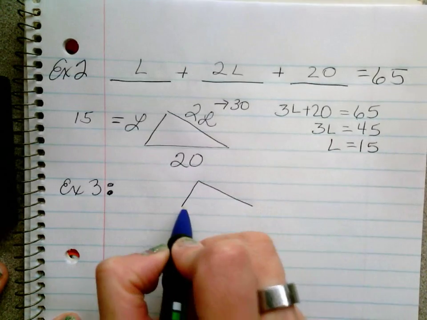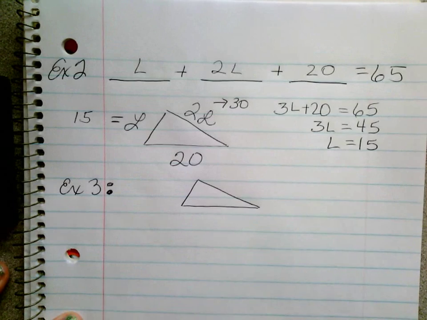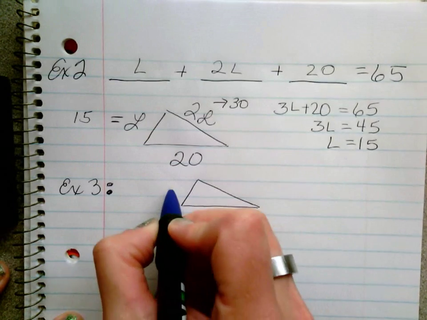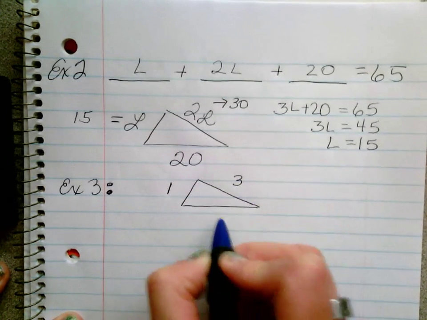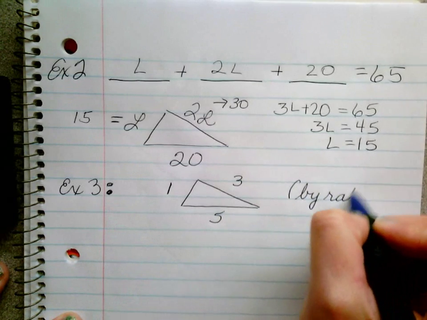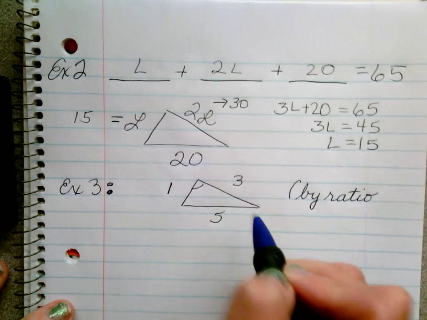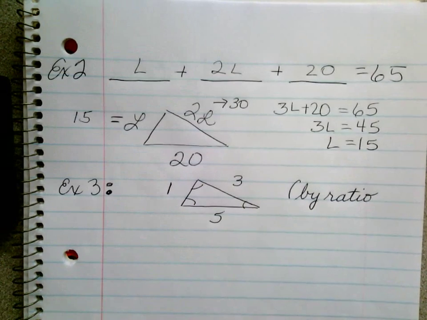So again, I'm going to draw something here. I don't know how much it is, but I know that this is 1, this is 3, this is 5 by ratio. I'm just kind of using this to picture it, labeled like it was sides.